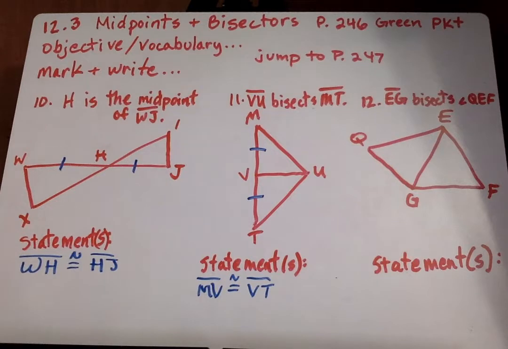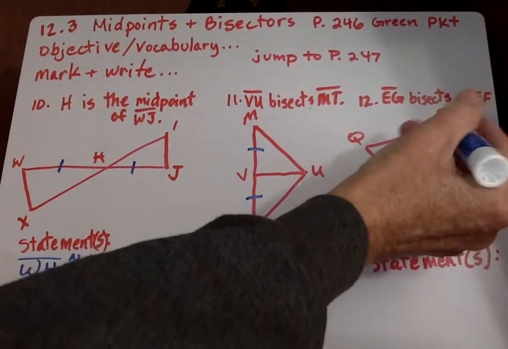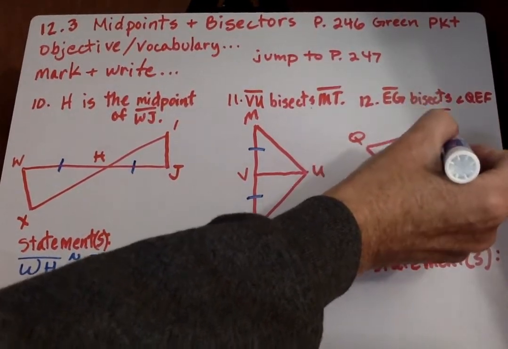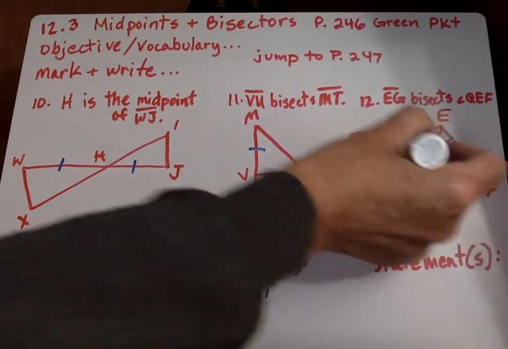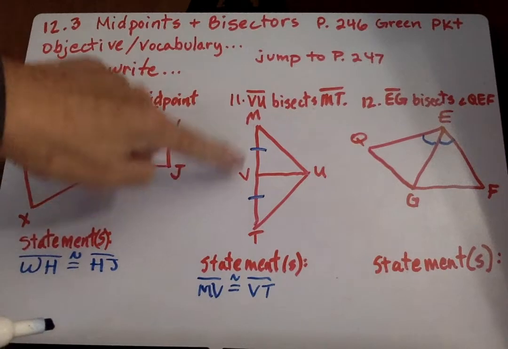Next, we see that EG bisects angle QEF. So EG bisects this big angle, which makes this angle right here congruent to this angle. Remember, angle congruency is shown with arches, and line congruencies are little short lines.